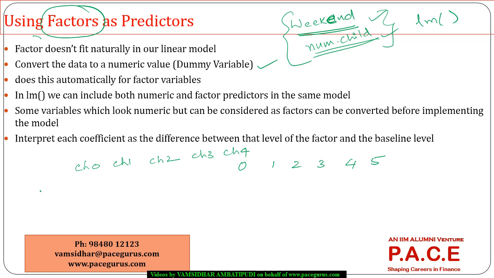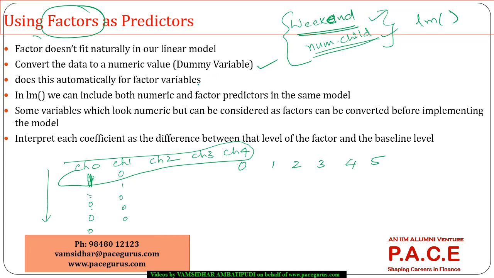These are all different variables now. Depending on whether that particular observation has zero children or not, if it is zero children, it would be put as 1, and if it is not, it would all be put as zeros. Similarly, if that data has one child, it will be put as 1, and all others as 0. So the data will be modified with this kind of setup for every factor variable.